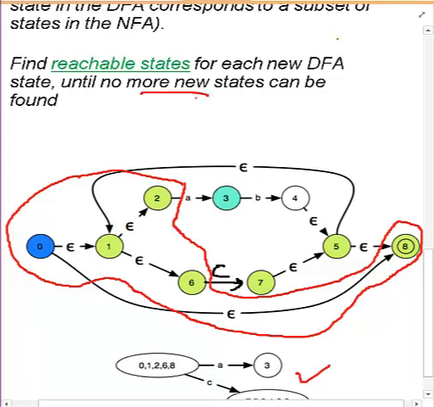When we see a state, we see what is reachable, and the moment we find a new state, we see what other states are reachable from it. If some state has no access to it, it will be eliminated easily. And all these epsilon transitions are also eliminated because they are considered as one state.